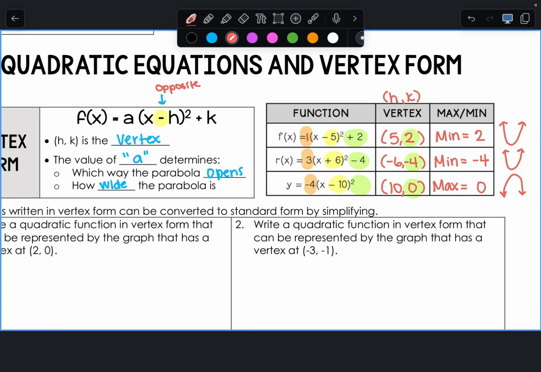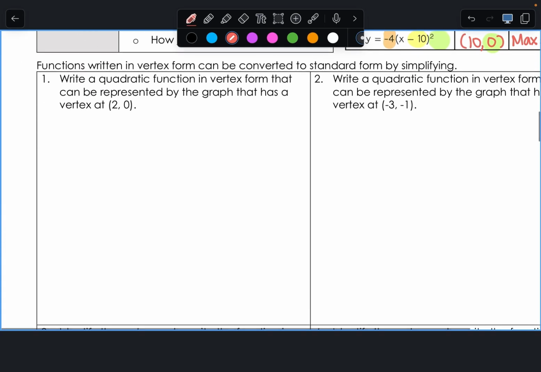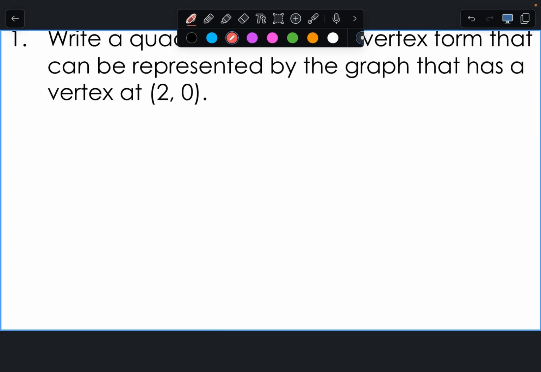Number 1, it says, write a quadratic function in vertex form that can be represented by the graph that has a vertex at 2, 0. So the first thing we're going to do is label our 2, 0 as H, K. That way we know where to plug these numbers in. And write your vertex formula.